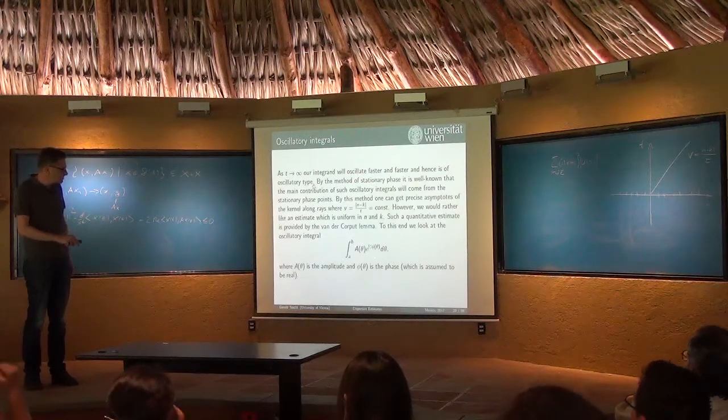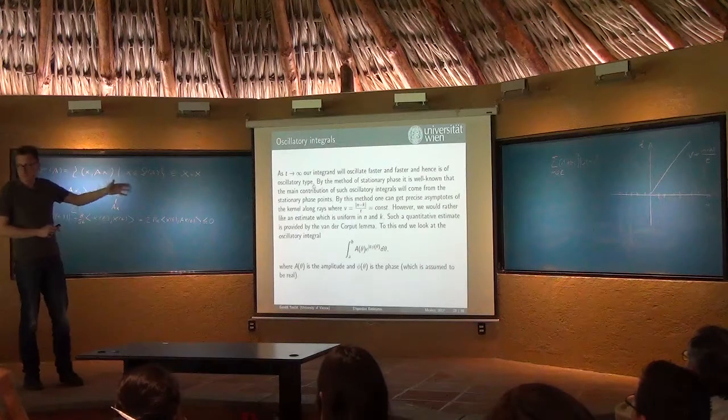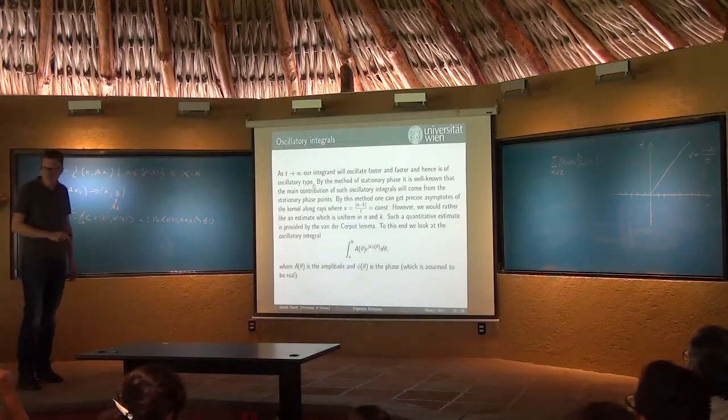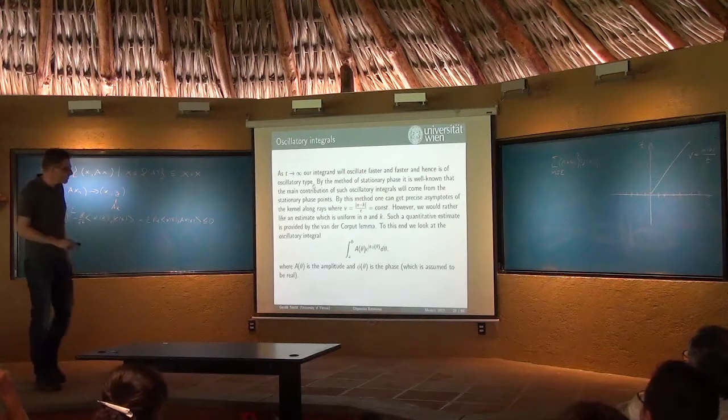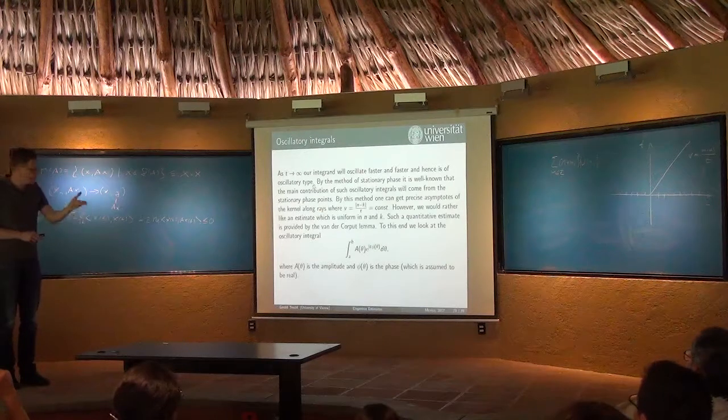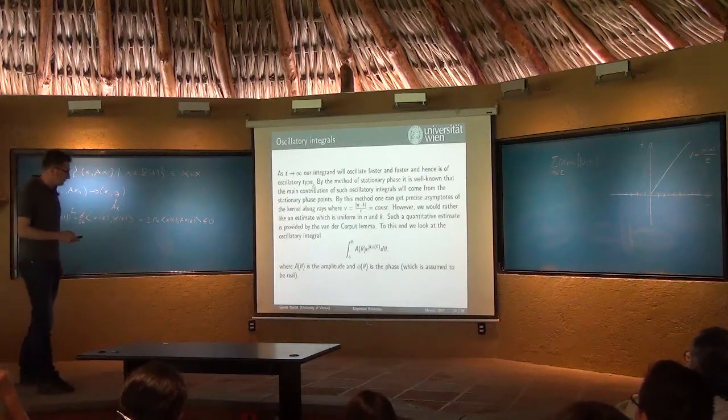Because when you do integration by parts, you get a 1 over phi prime of theta. So if this vanishes, then you have a problem at these points. And these are precisely the stationary phase points, precisely where the derivative of the phase vanishes, where you don't have something linear.